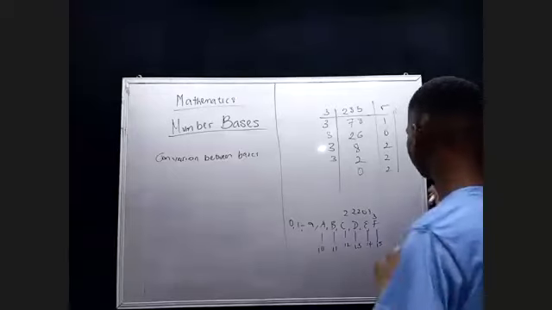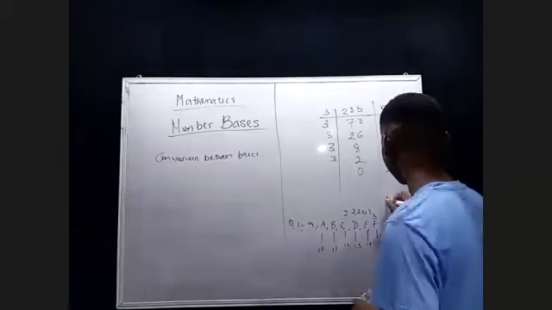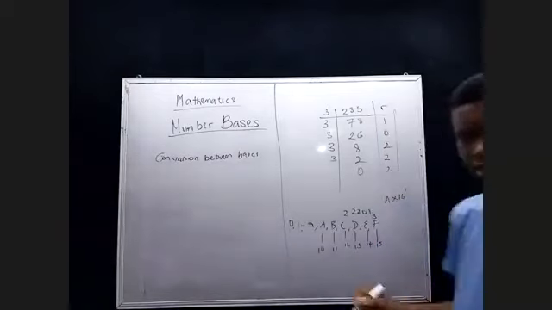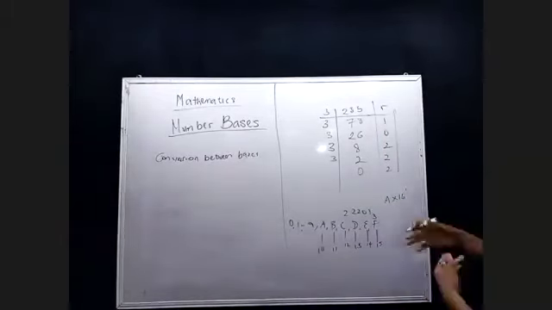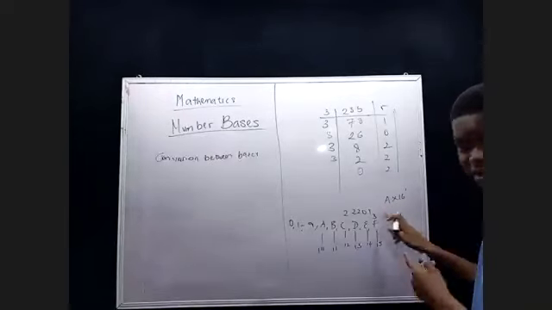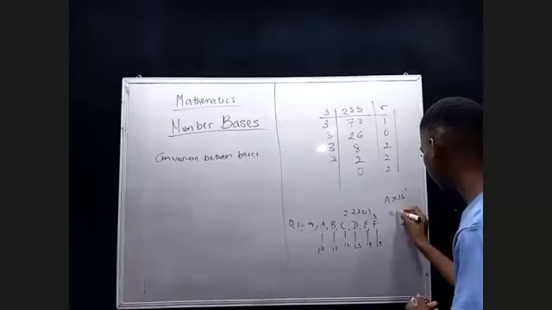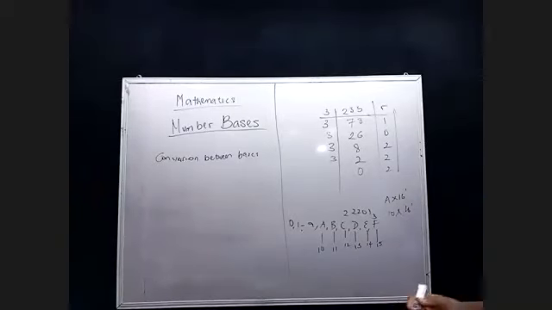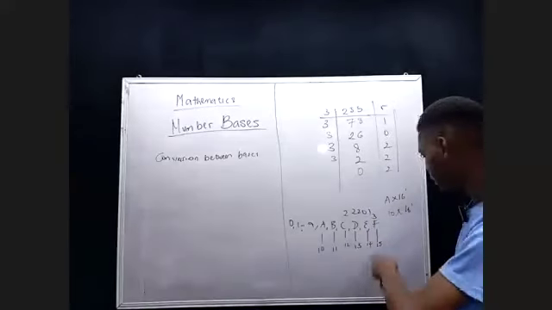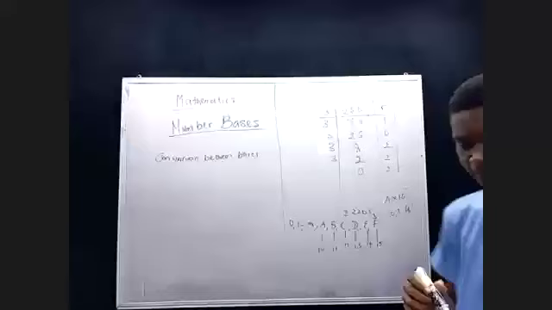Let me say, for example, I have A times 16 raised to the power of 1, and I'm converting from base 16 to base 10. This A means 10, so I'm going to say 10 times 16 raised to the power of 1. That's what I mean. So when you see B, it means 11, C is 12, D is 13, E is 14, and F is 15. I hope that is clear.